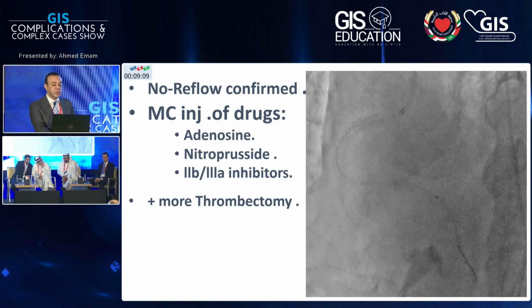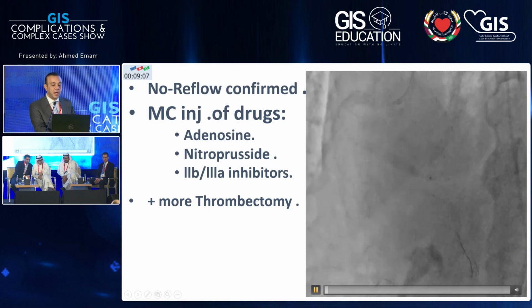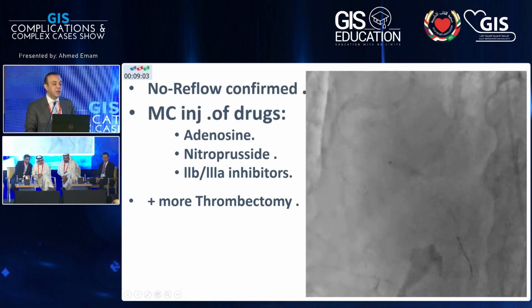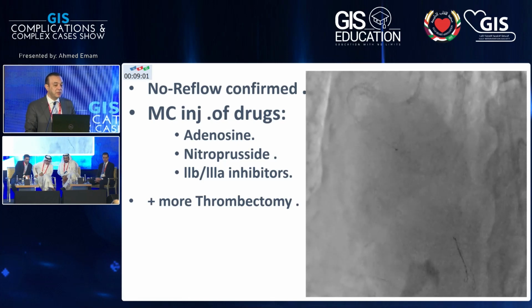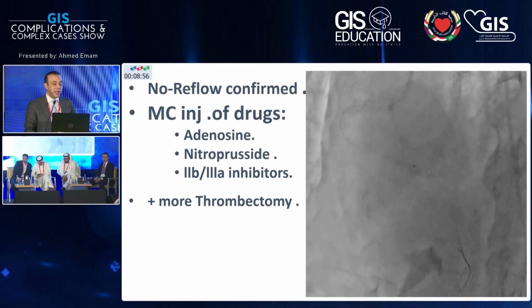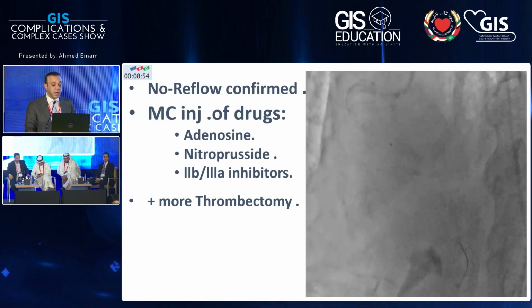In this case, I kept the microcatheter distally in its place. Then I manually injected vasodilator drugs and antiplatelets: adenosine, sodium nitroprusside, and 2b3a inhibitors, directly and selectively inside the distal part of the vessel.